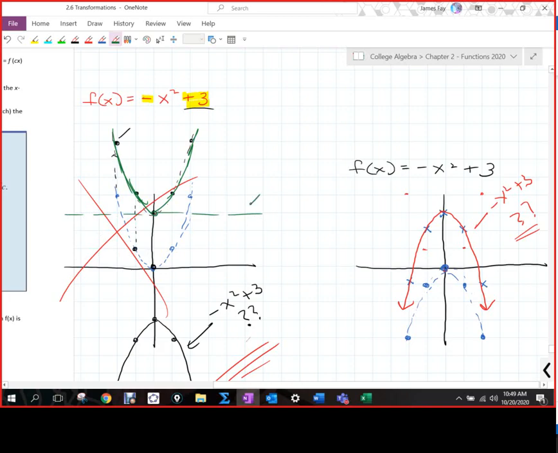And now if you reflect on that dotted green line, does it give you this red curve here? Does that make sense to everybody? So you can mess with the transformations order if you understand that idea that when you shift something before you've done a reflection, the actual axis of reflection should shift too. Okay, but that's something that people forget a lot.